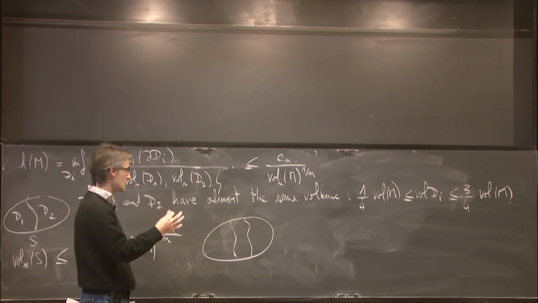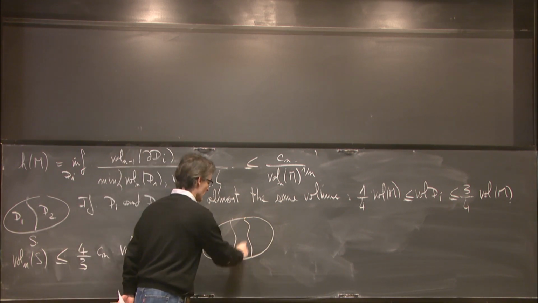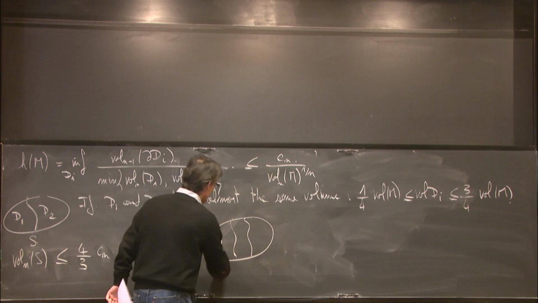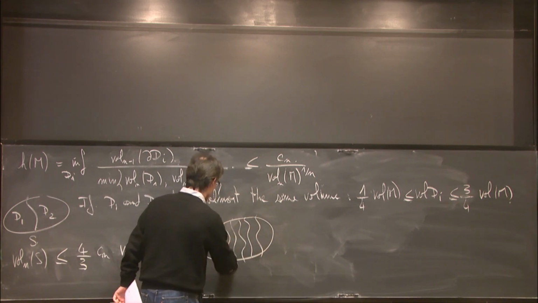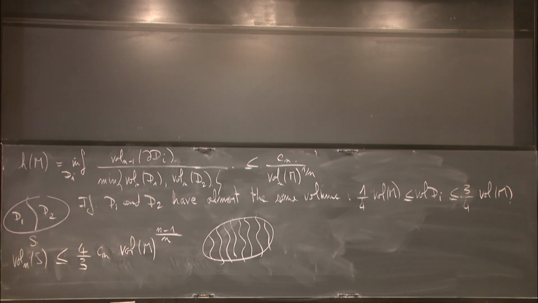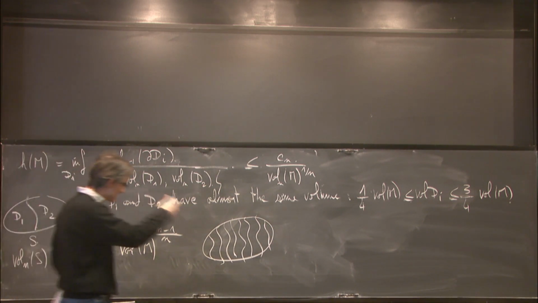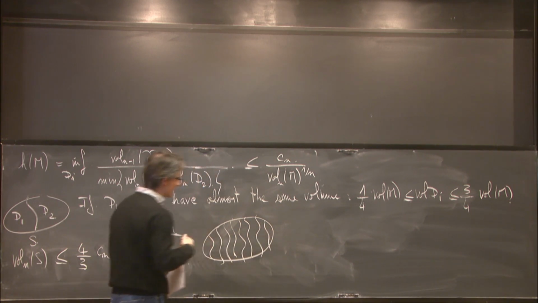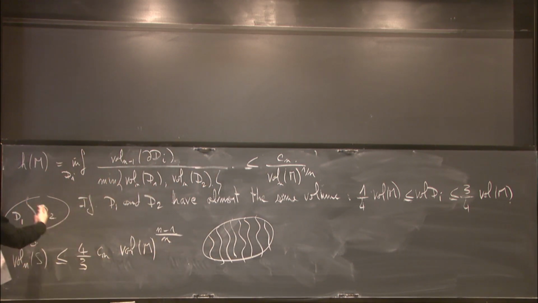So if we keep applying this process, and if we're lucky, all those hypersurfaces remain disjoint. It doesn't happen, but say they remain disjoint, and so you see that we get a kind of discrete version of our theorem.